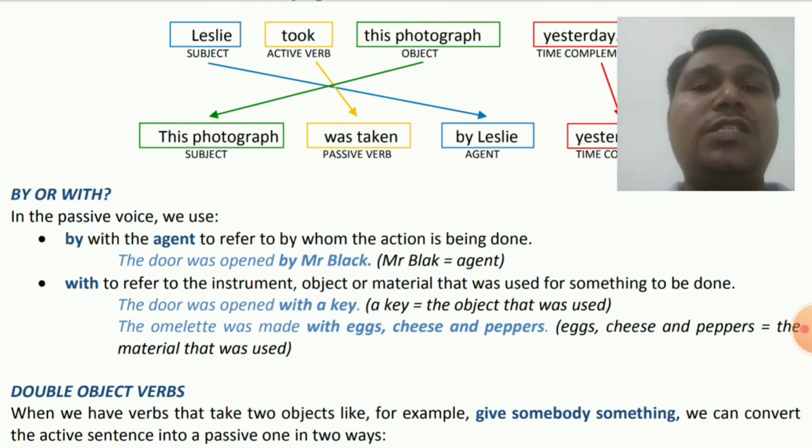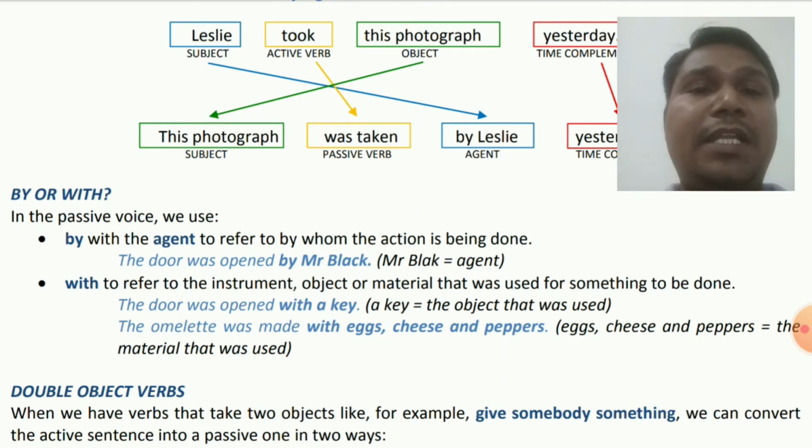The second point is with, to refer to the instrument, object or material that was used for something to be done. Example, the door was opened with a key. With a key is an object. Okay, so here we have to use with.